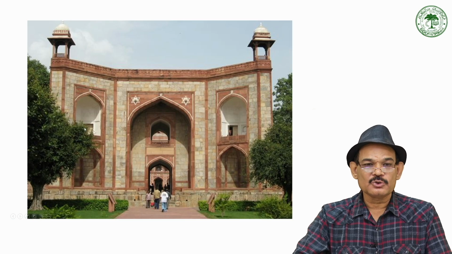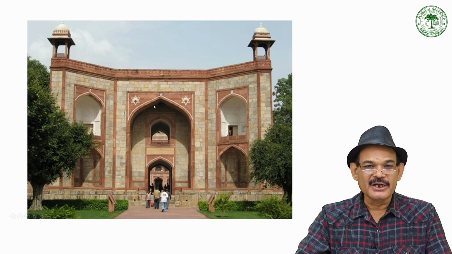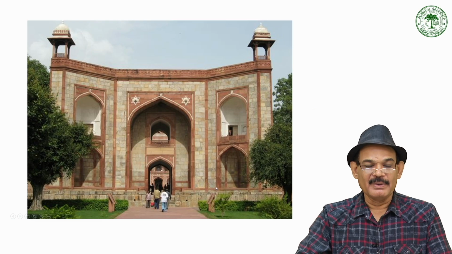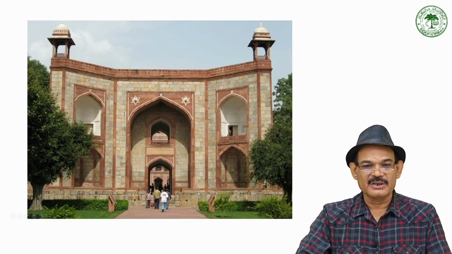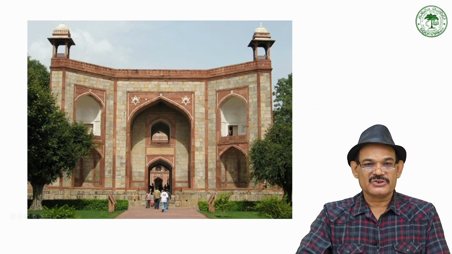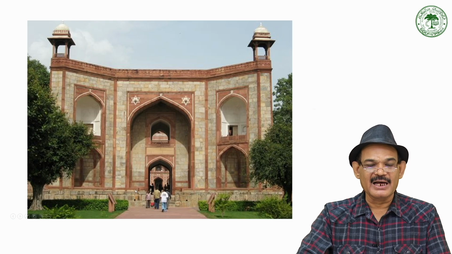Now these two wings, instead of receding backward, project outside from the central portion at 45 degrees, meaning the central portion and the side wings are diagonally fixed at 45 degrees. The central portion has a bigger arch containing a two-arch opening.